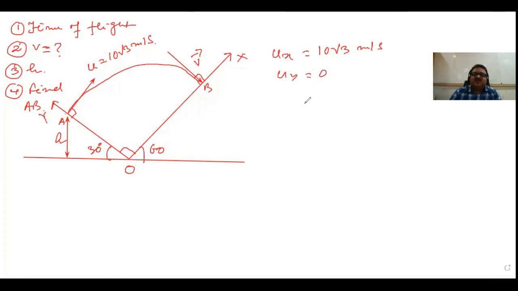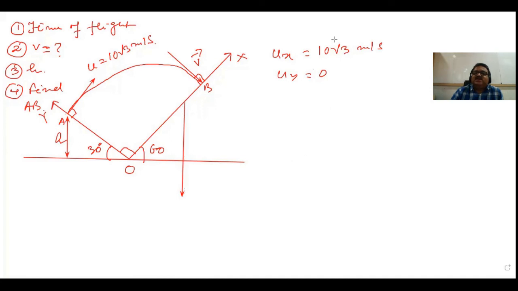Now let me do one thing. The interesting part is this: what is the value of g? Clear? Now, how to find out the value of g in this case? These two make an angle 90 degree with each other. So g will act in this direction.